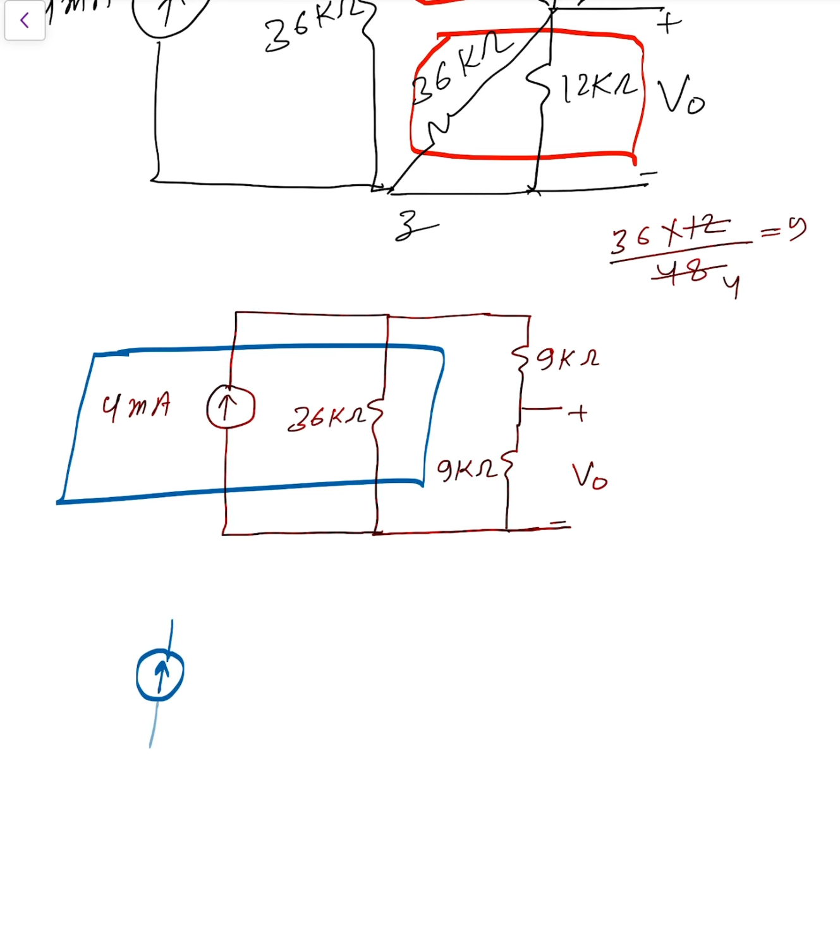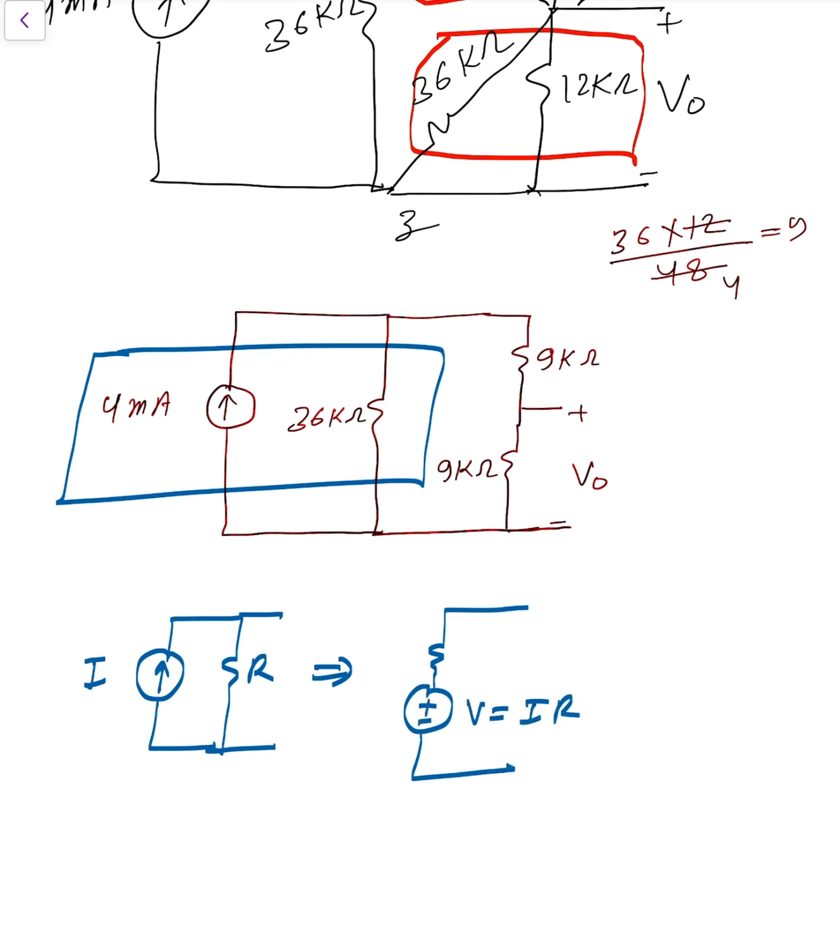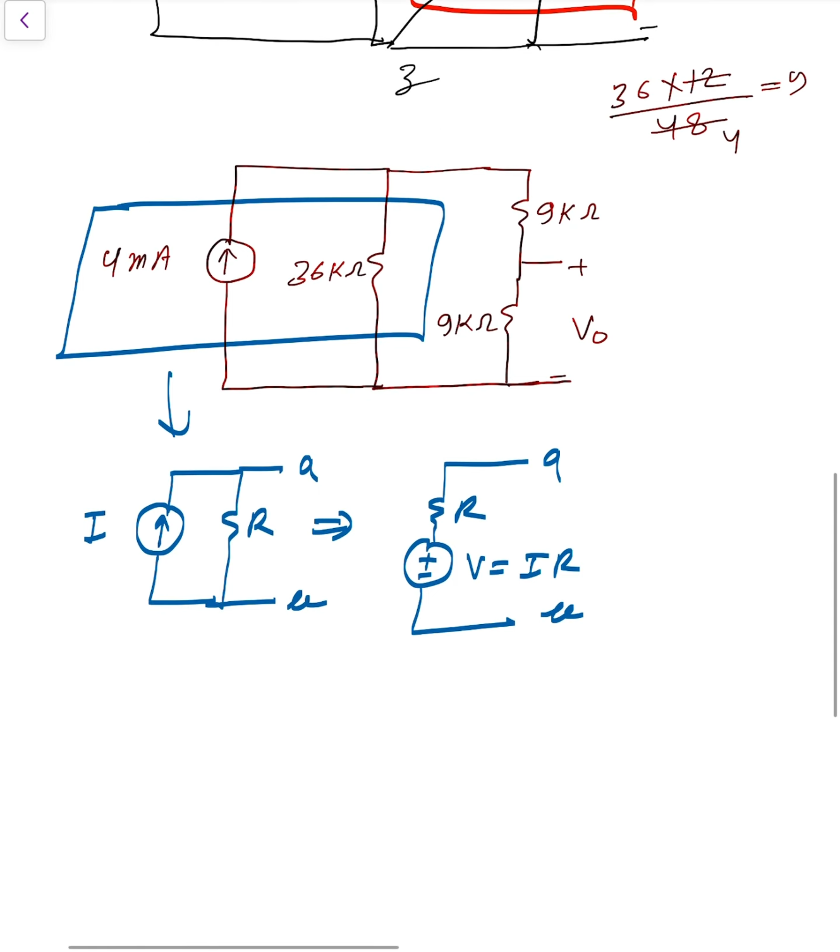A current source I with a resistance R, with the help of source transformation, becomes plus minus, and that is V, and V is equal to IR, and that is R, with terminals A and B. So you can apply that procedure here.